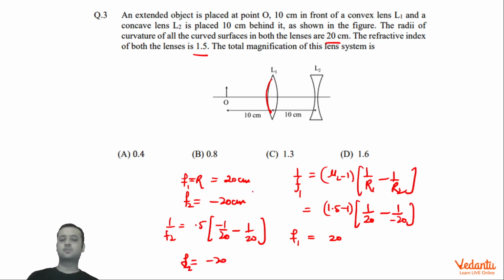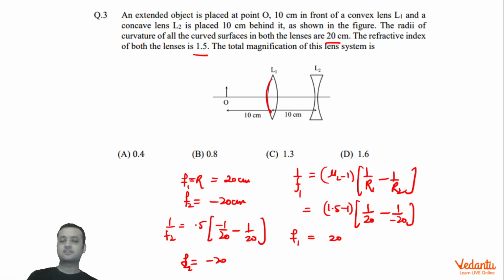This was just to quickly show you that f1 and f2 become the same as R only in case the lenses are equiconvex or equiconcave, they are kept in air, and they are made of refractive index 1.5. These three conditions must hold, then f and R become the same magnitude wise.